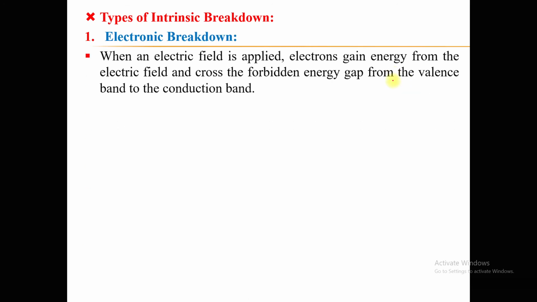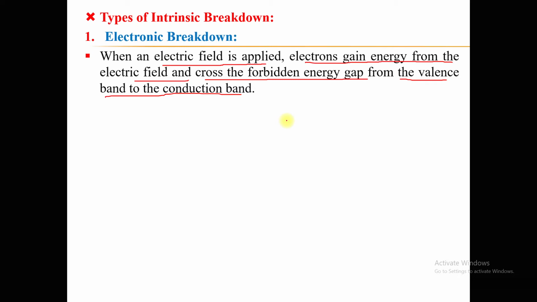So there are two types of intrinsic breakdown. Number one is electronic breakdown. The electronic breakdown means when the applied electric field is higher, the electrons will gain sufficient kinetic energy from the electric field and cross the forbidden energy gap from the valence band to the conduction band. Initially when there is no stress, everything is fine, but when the applied electric field is higher, the electrons get excited.